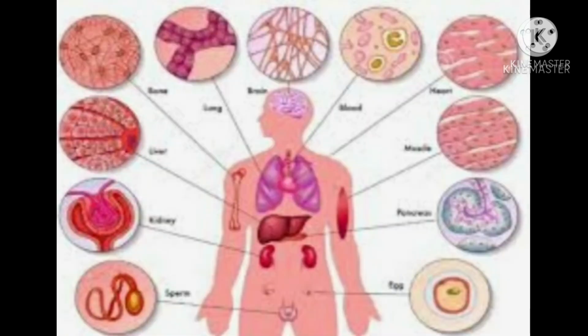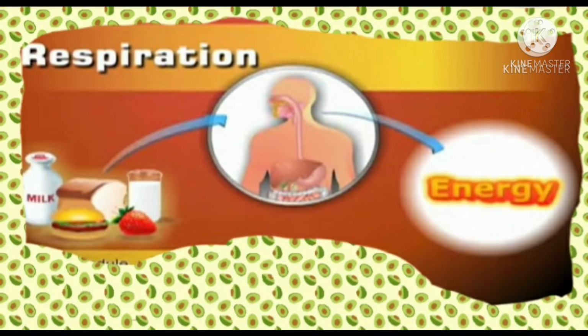As blood passes through the tissues of the body, the oxygen present in it diffuses into the cells. This oxygen is utilized for the oxidation of glucose, which results in release of energy.